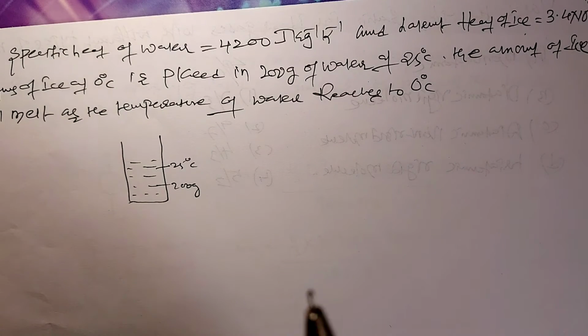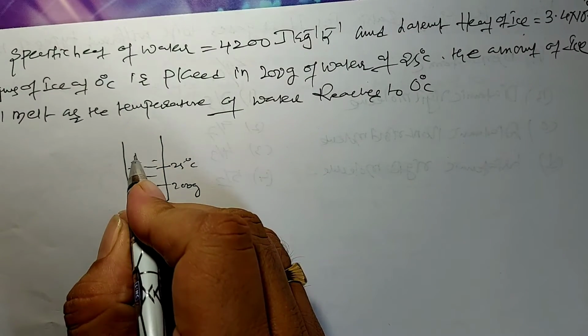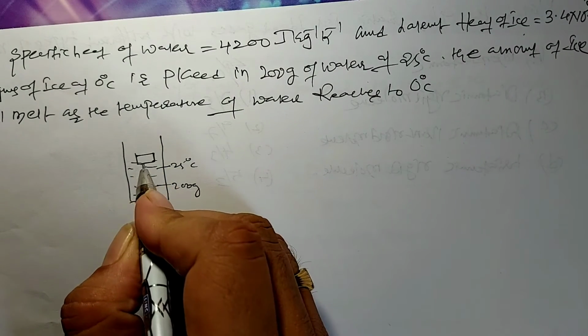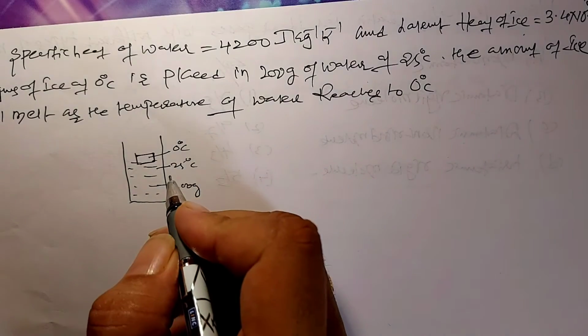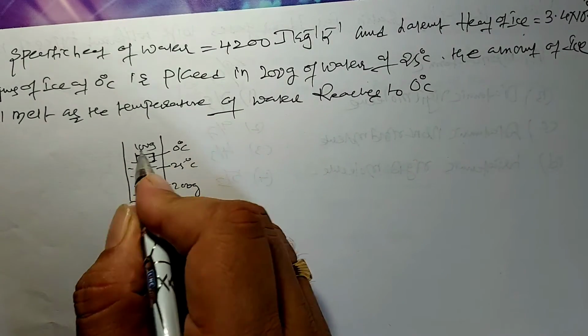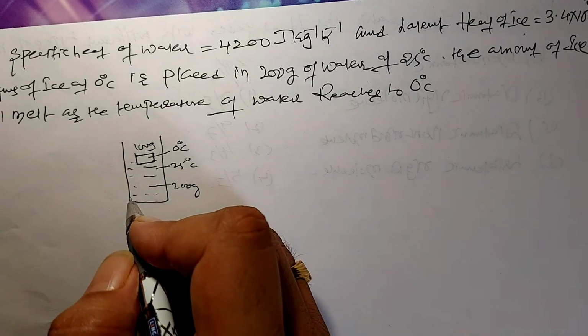Now a piece of 100 grams of ice is placed inside the water, which is at 0 degrees centigrade. Then what happens?